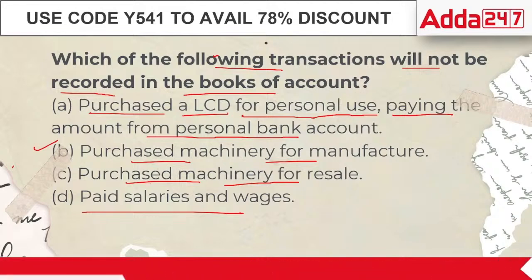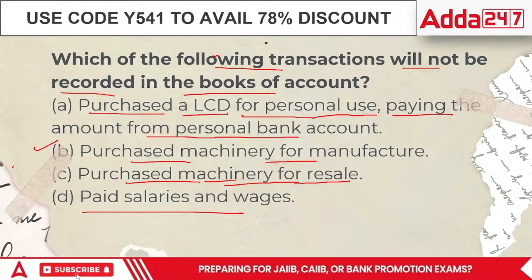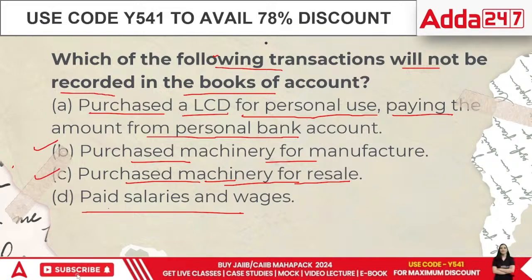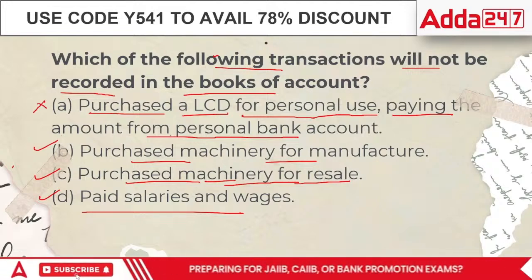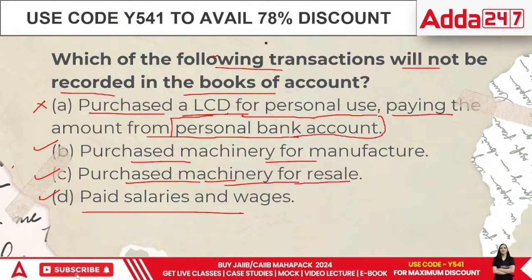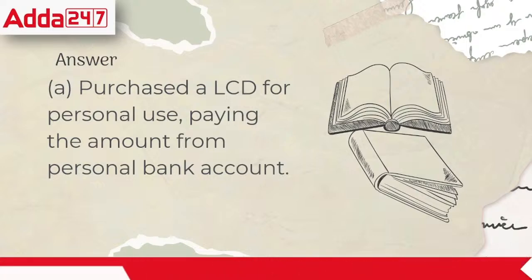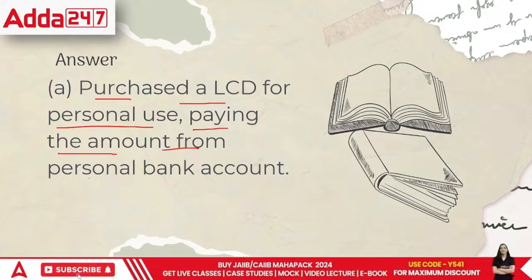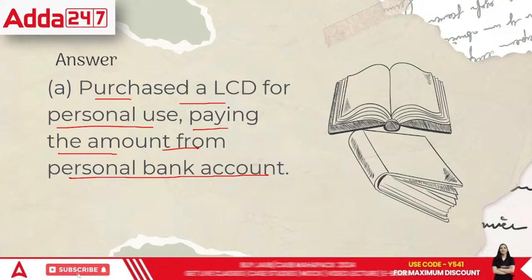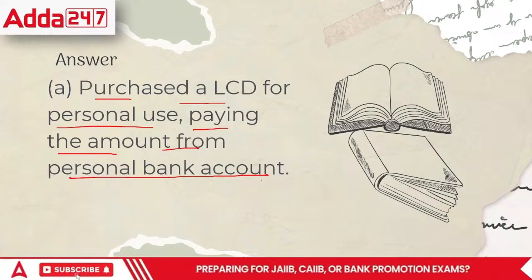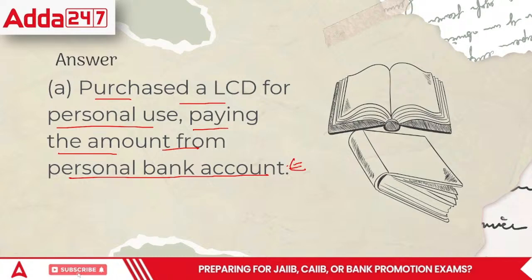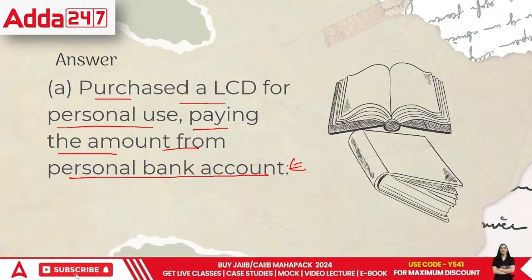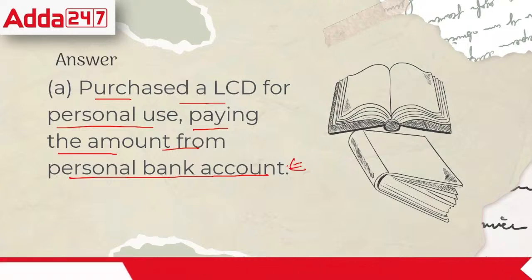Machinery purchased for resale is again a business based transaction, and paid salaries and wages is again business based. While the LCD is purchased for personal use and paid from a personal bank account, that's why it will not be recorded in the books of accounts. It would be recorded, but maybe in our personal accounts, not in the business books of accounts.